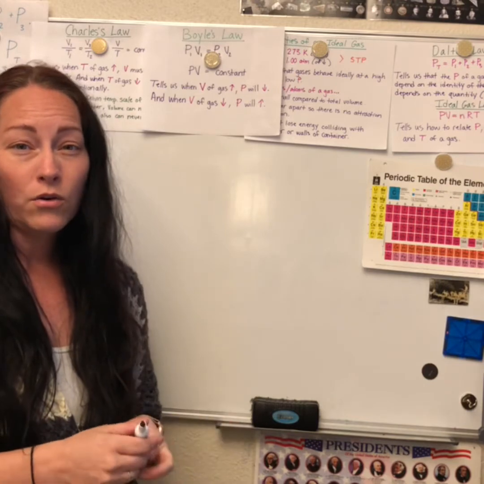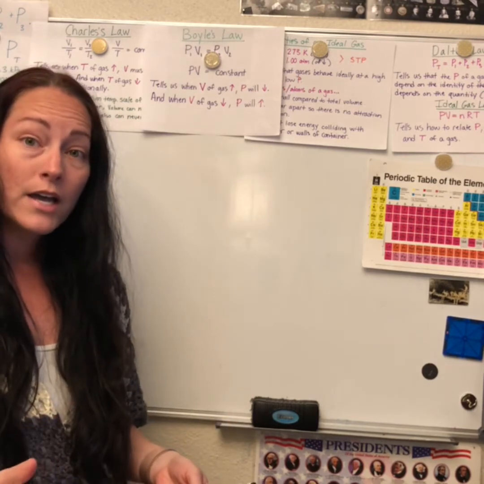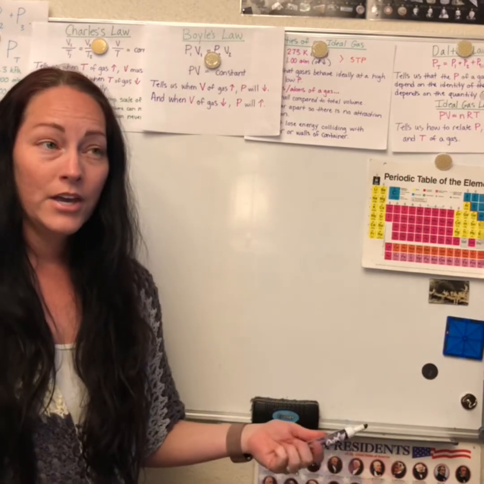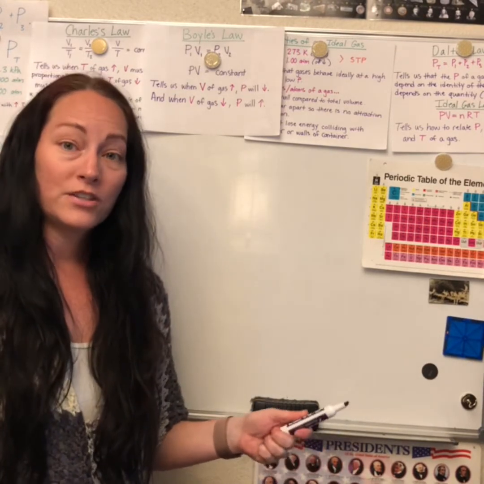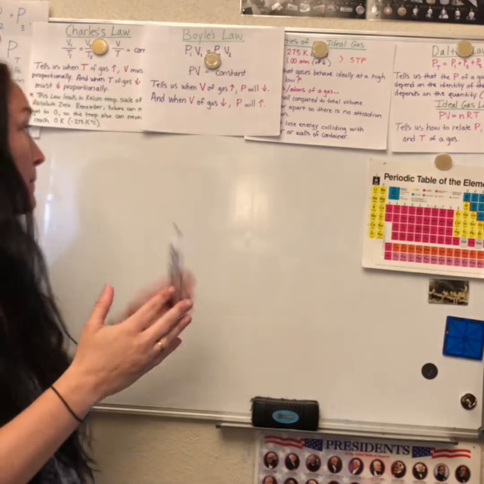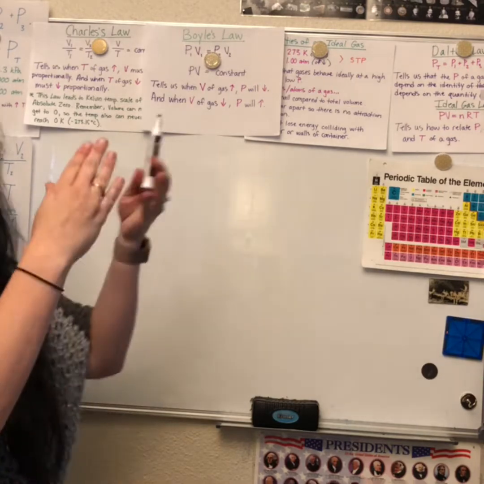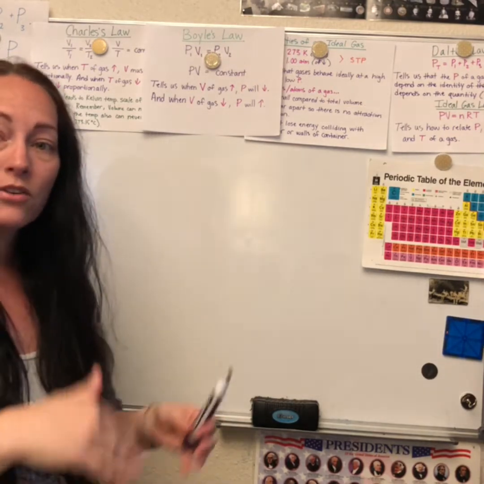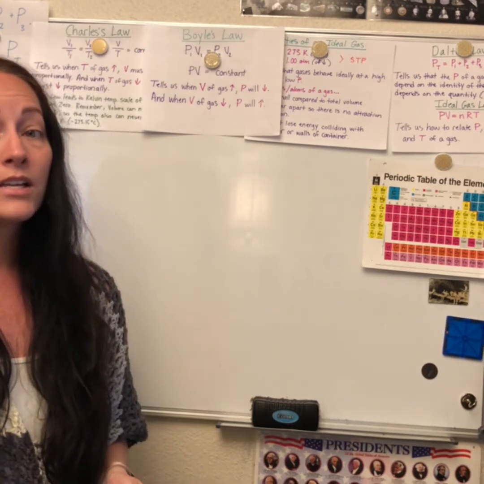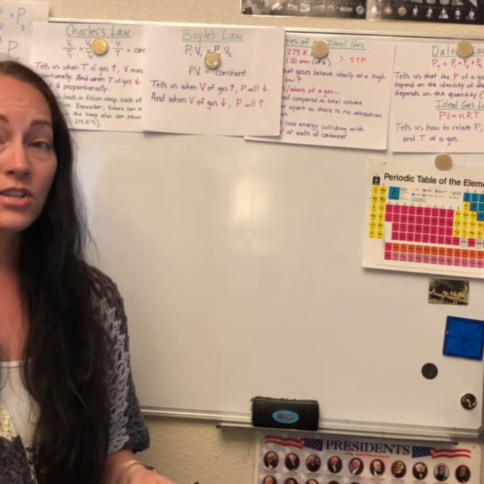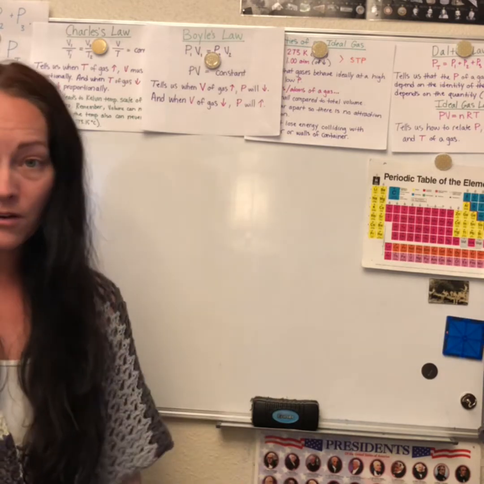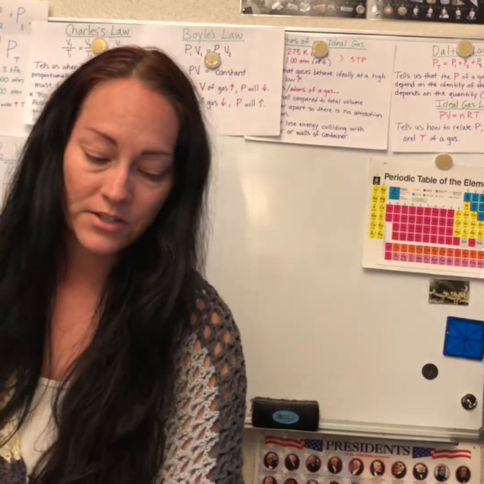It can only get so cold because it can't reach 0, because then there would be no volume left, so there wouldn't be anything there, okay? So in your brain, you're thinking, okay, that's Charles' law, and so if the temperature is increasing, volume increases. If the temperature is decreasing, the volume decreases. So that leads us to the Kelvin temperature scale, because the Kelvin temperature scale can't reach 0. It doesn't reach 0, okay? And it can't go less than 0. So that's the answer to that one.